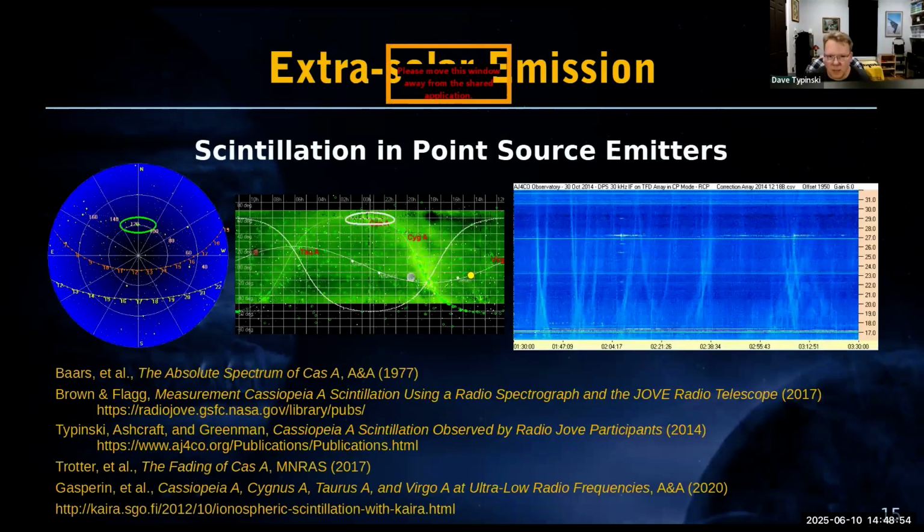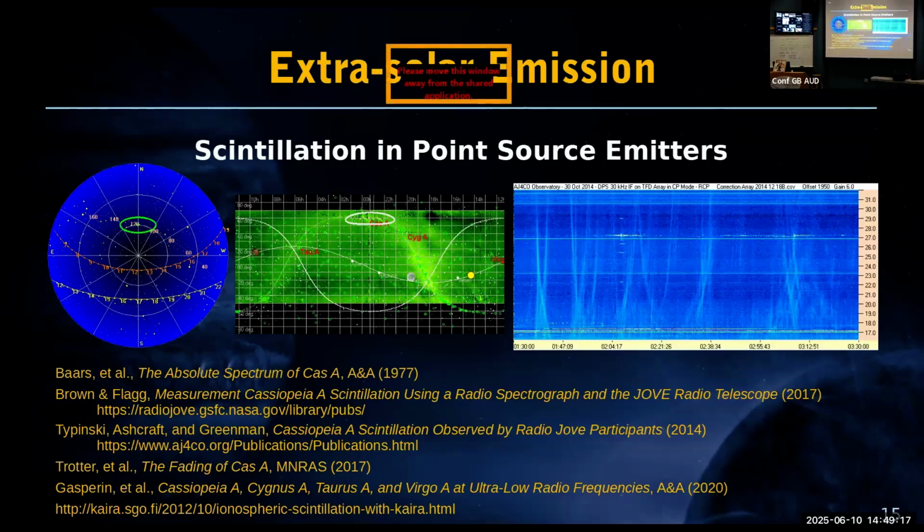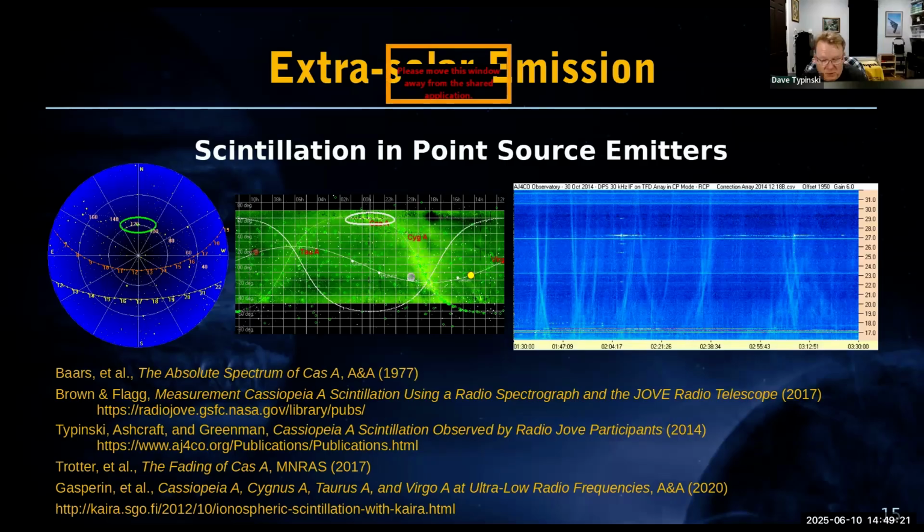Extrasolar emission, here defined as anything coming from outside the solar system. You've got a couple of point source emitters, Cas A and Cyg A. Cas A is a supernova remnant, and Cyg A is an active galactic nucleus. When you look at them in a spectrogram, scintillation, since it's related to frequency because of the way the radio waves react with the ionosphere, depends on frequency.